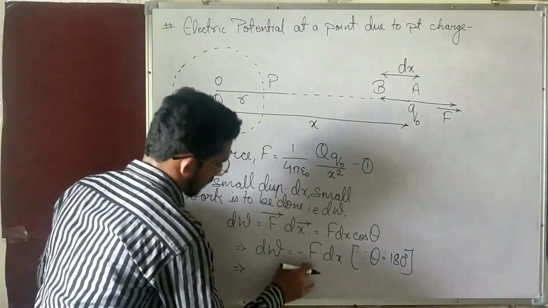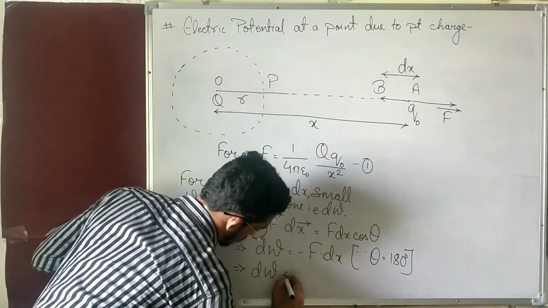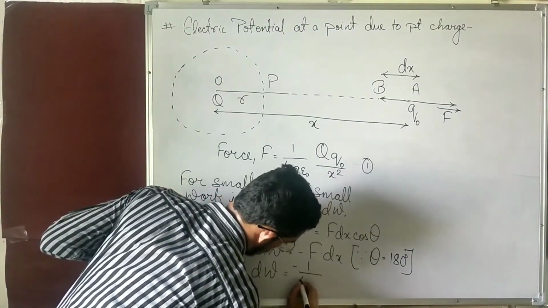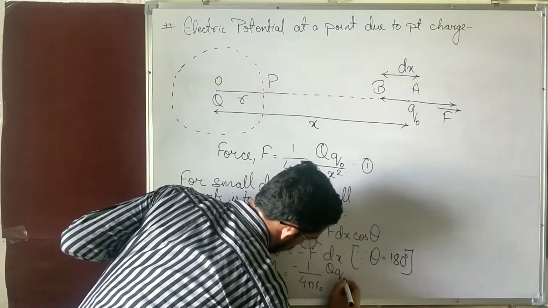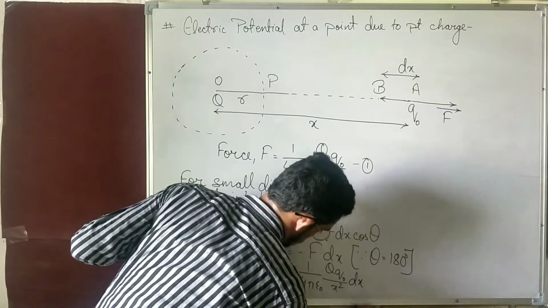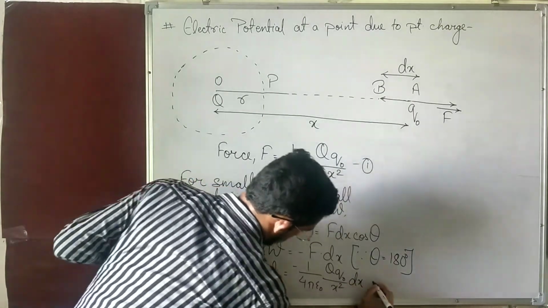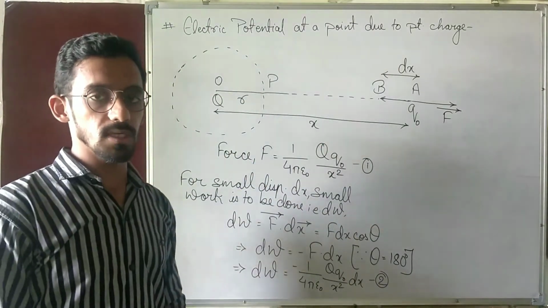On substituting the value of F in this equation, we get dw equals minus 1 upon 4 pi epsilon 0 q naught divided by x square into dx. This is equation number 2, or we can say the work done for a small displacement.